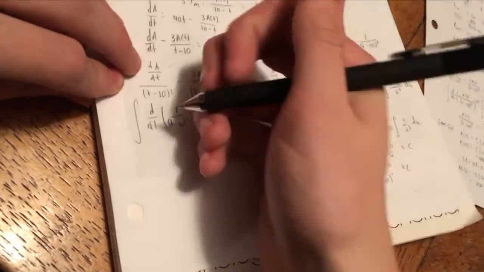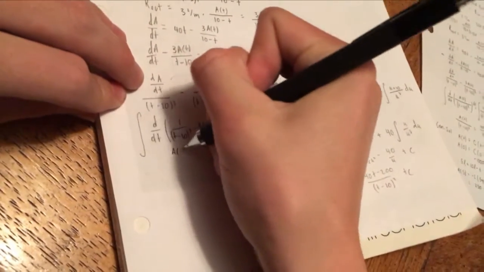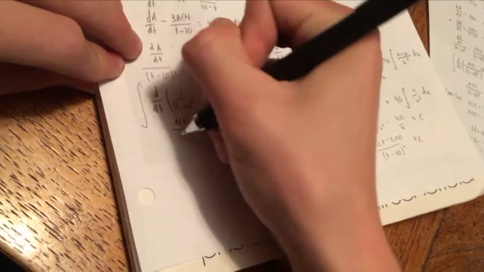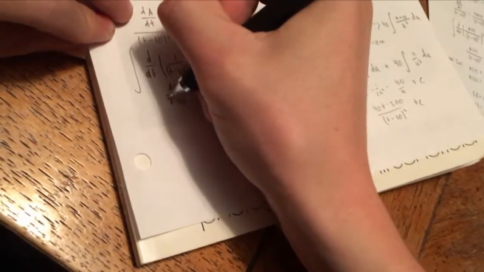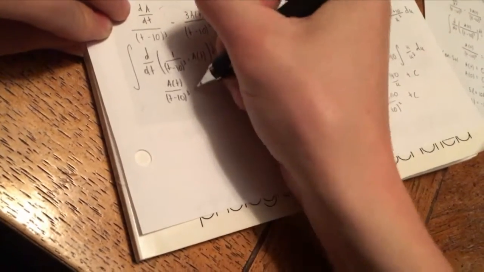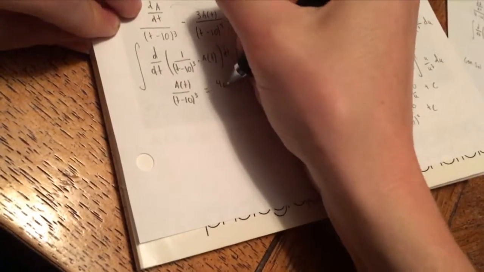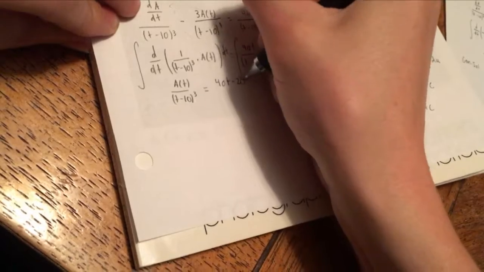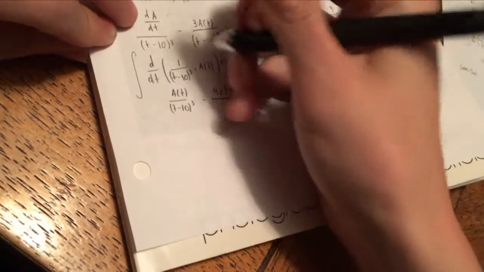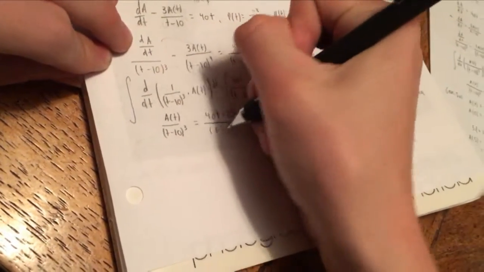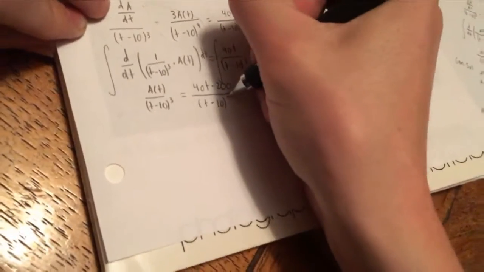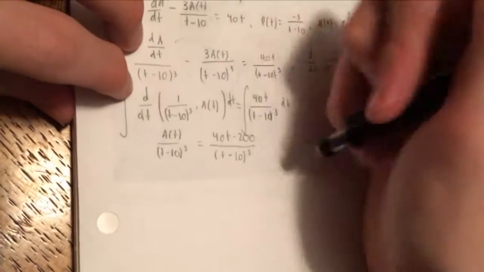All right, so after integrating, we are left with A of t over t minus 10 to the third, and that's going to equal 40t minus 200 over t minus 10 squared, sorry.